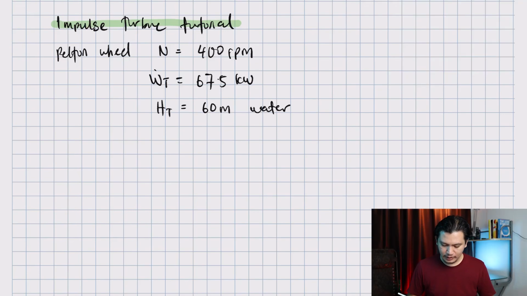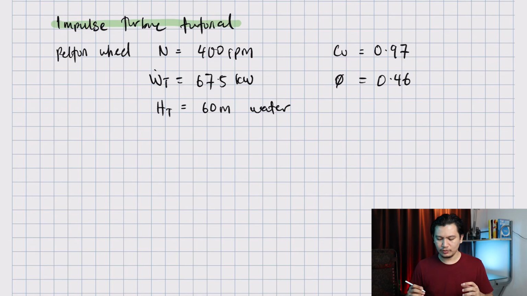There is also other information that we know, such as CV, which is 0.97, and phi, which is 0.46, and the turbine efficiency is 0.83, which is 83%. Then what does the question want?